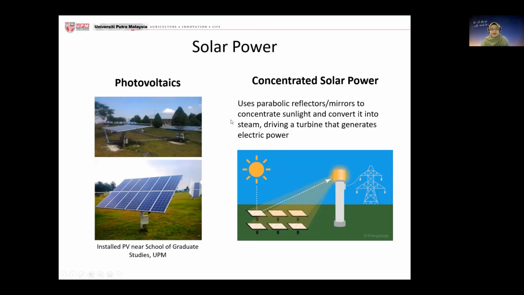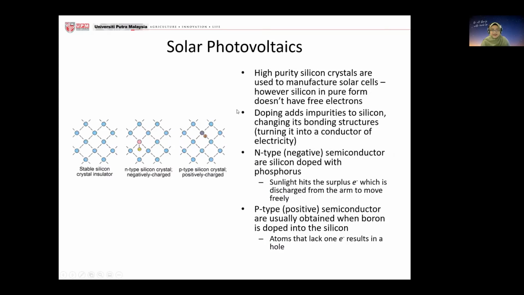So that's actually two. When we talk about solar power, it doesn't necessarily mean only PV. It can also include other types of technologies as well, and we are going to look further into that. But we will start first with solar photovoltaics.